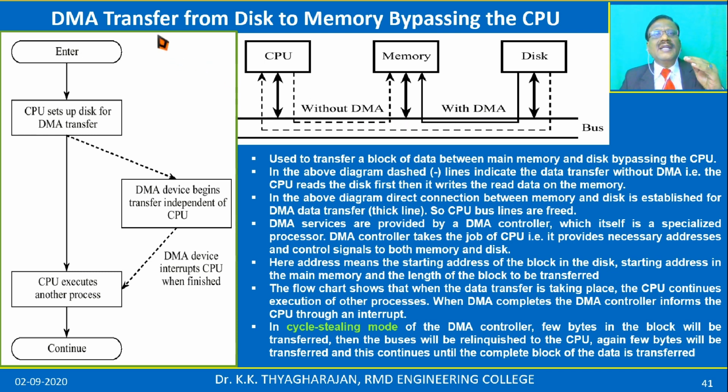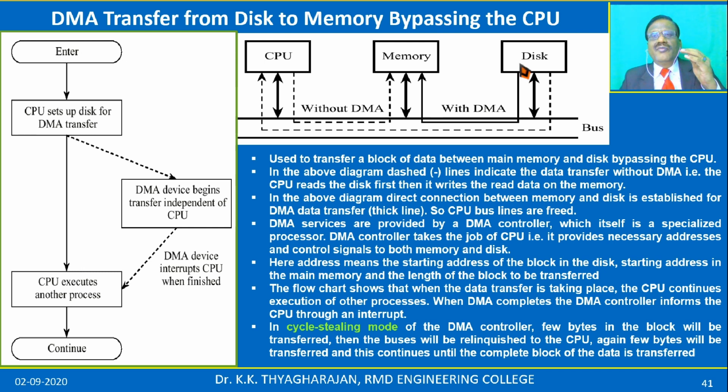But in direct memory access, a DMA controller, direct memory access controller, is used. That itself is a specialized processor. This DMA controller will issue the starting address and the number of bytes to be transferred from the disk. The DMA controller will also give the starting address to the memory.